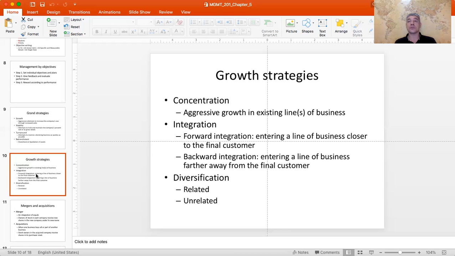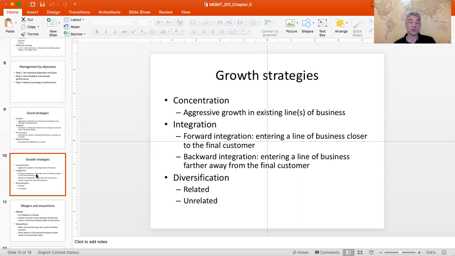So, if you are, I don't know, Caribou Coffee, and then you decide to also serve teas or maybe some bottled drinks, that would be an example of a related diversification.